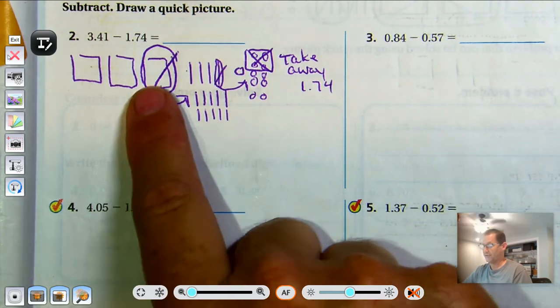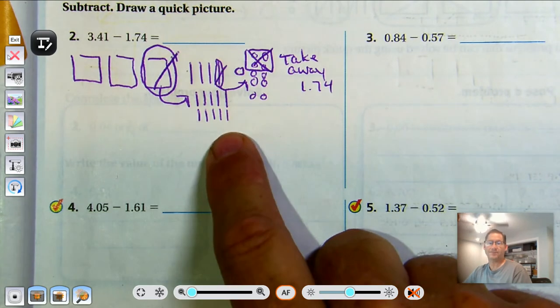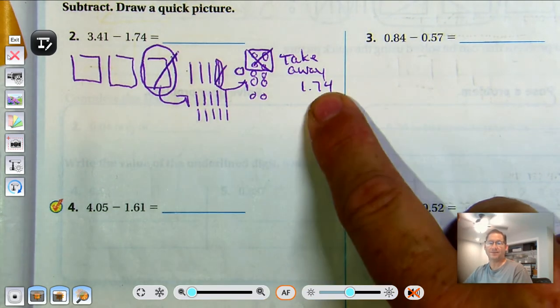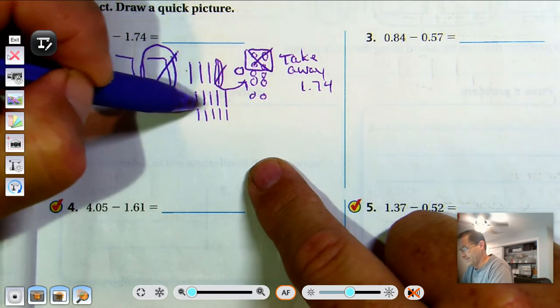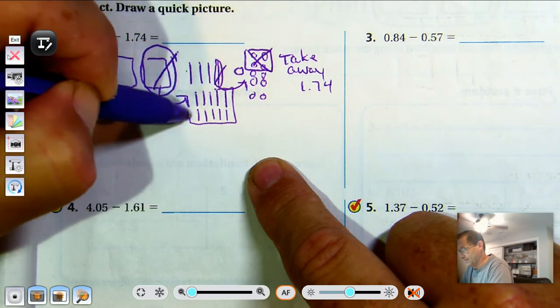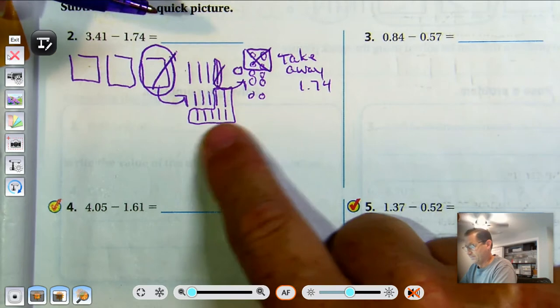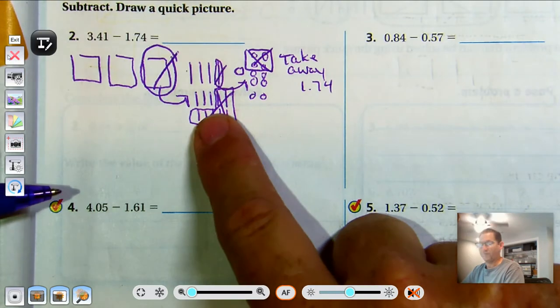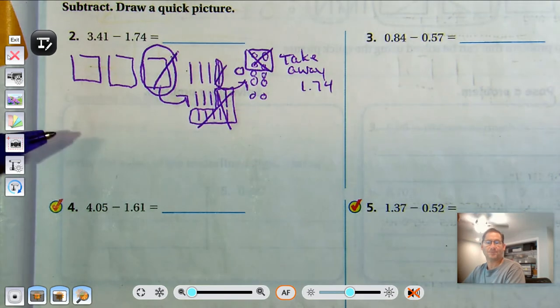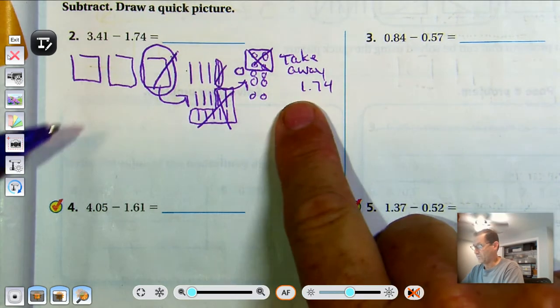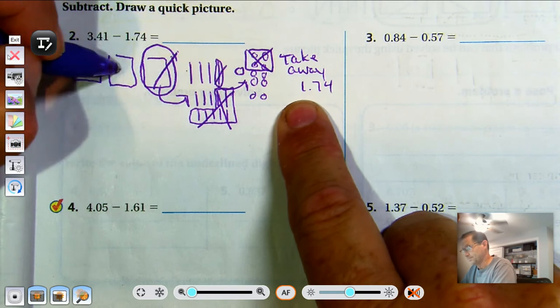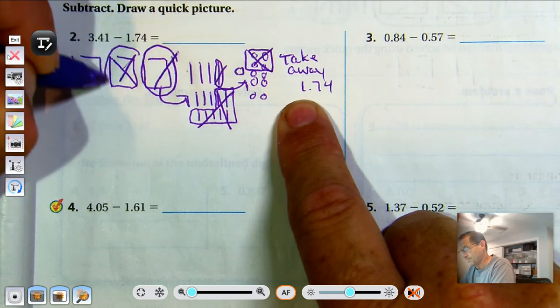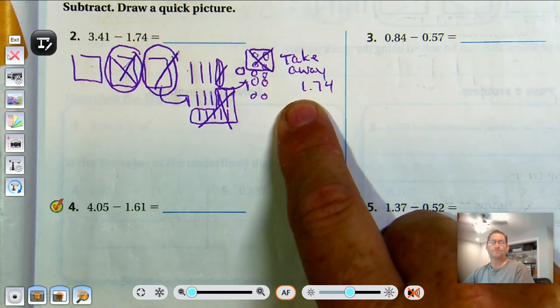So we traded the 1 for 10/10. Can we take away 7/10? Yes. 5, 5, 6, 7. 7/10. So we're left with 6/10. And then finally, we're required to take away 1 one. So we can take that away.